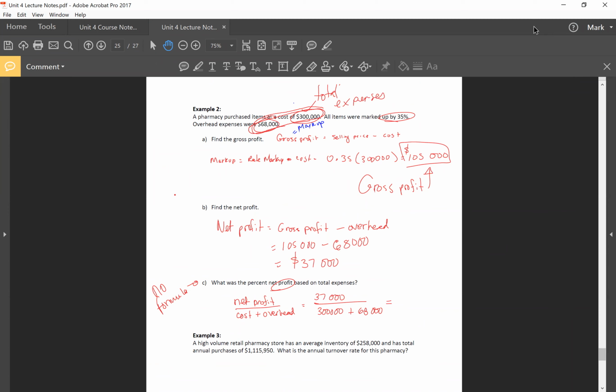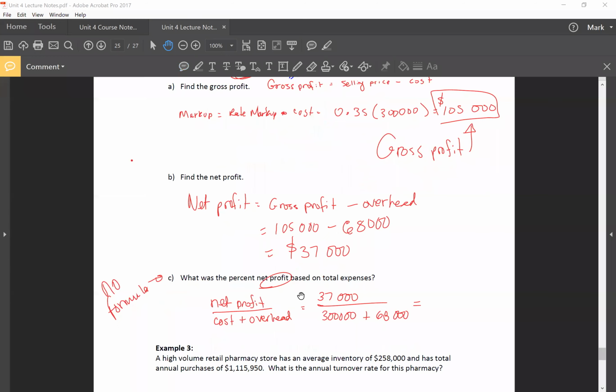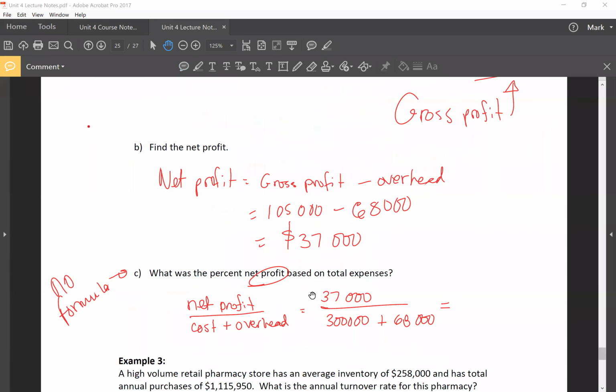Let me check the chat here. Reem and Asma and Kalsum are all saying 10%. So is it exactly 10%? Because I have the answer key in front of me, just the answers, without any of the workings. And it says 10%. But is it exactly 10%? Pretty much, yeah.